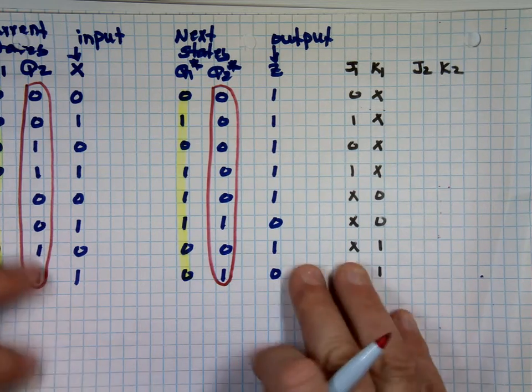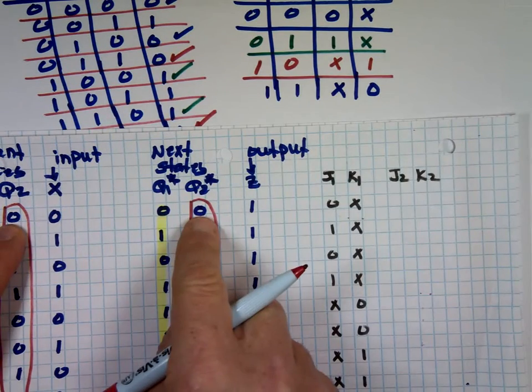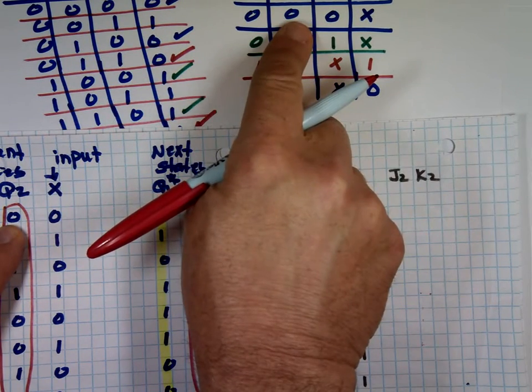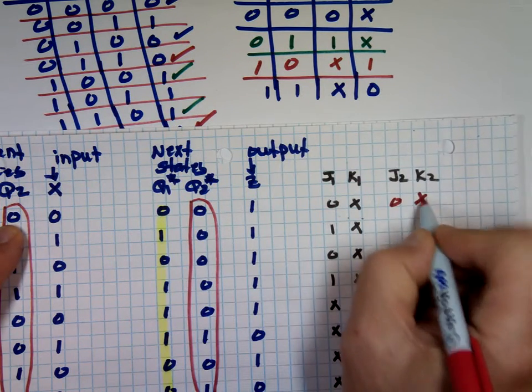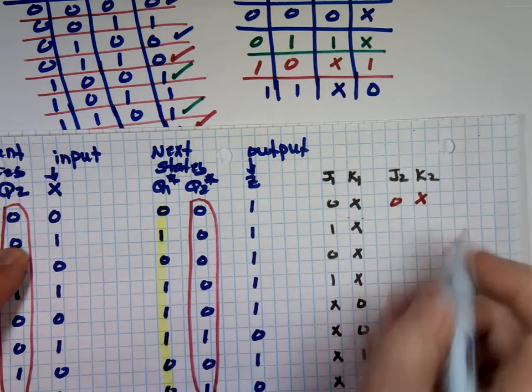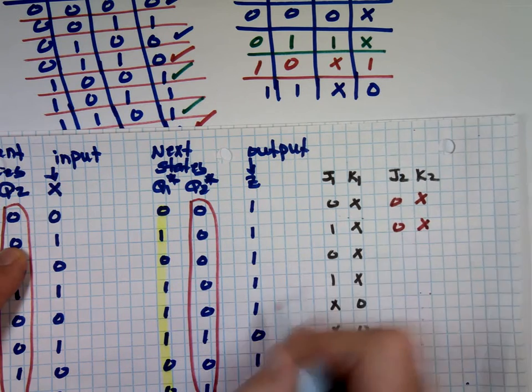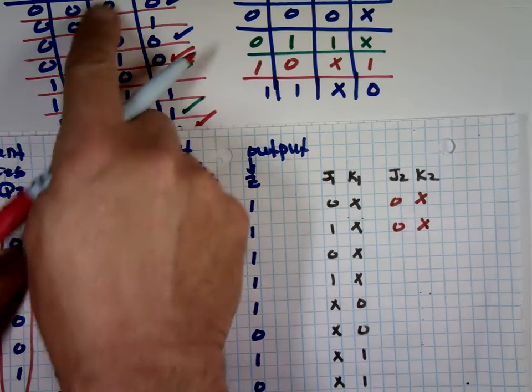I need to slide it down because I have to look at that table. 0 to 0. 0 and don't care. 0 to 0. 0 and don't care. Huh? Because it doesn't matter if it's 1 or 0.